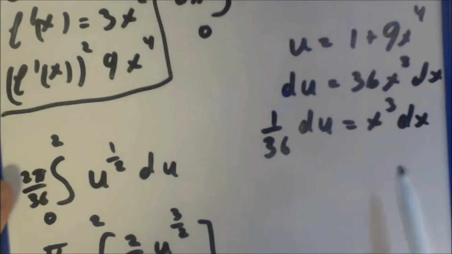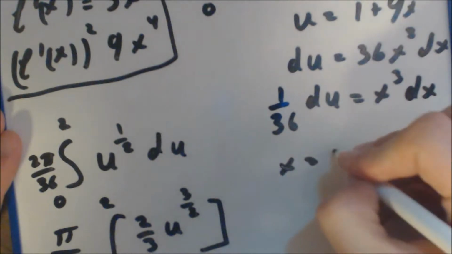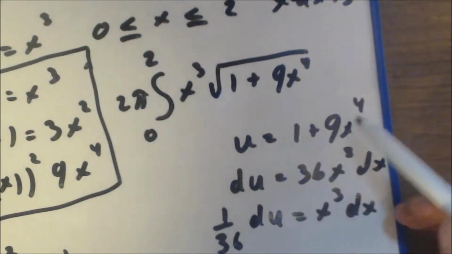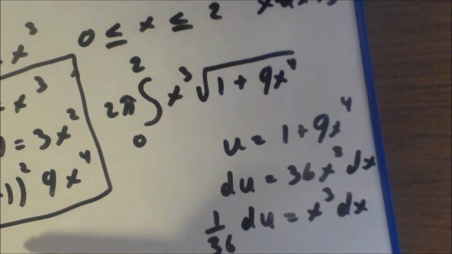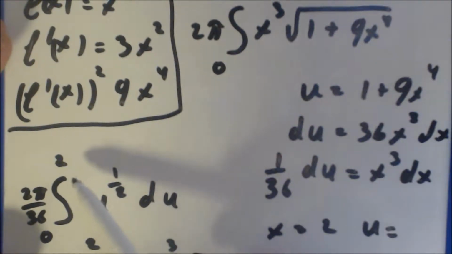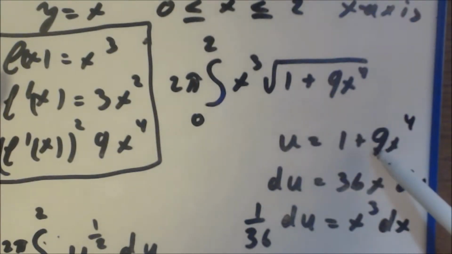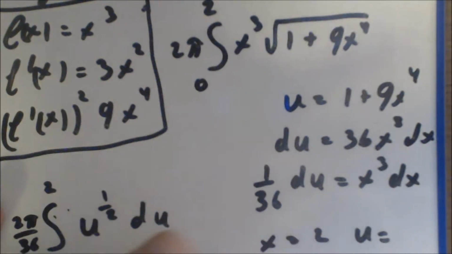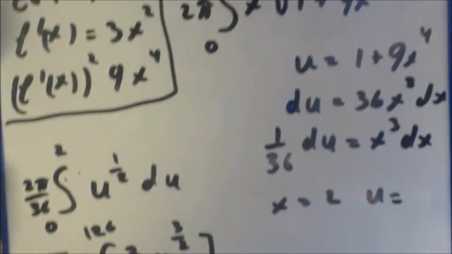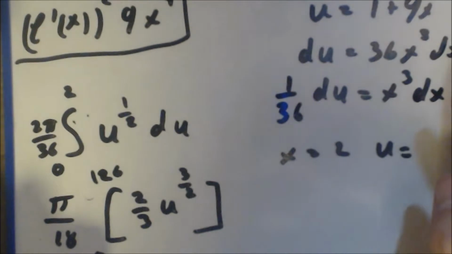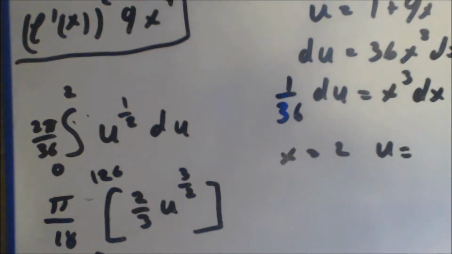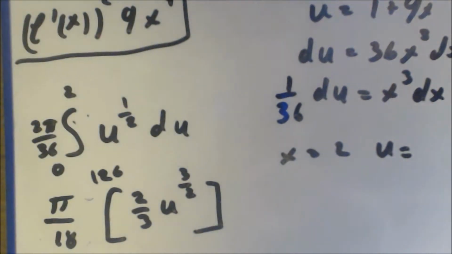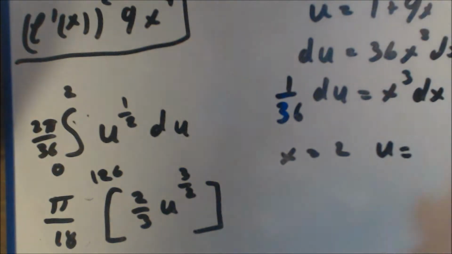So when x is equal to 2, u is going to be equal to, plugging the 2 in where the x is, 145. And when x is 0, it's 1 plus 9 times 0 to the fourth, so the 9 cancels and it's just 1.